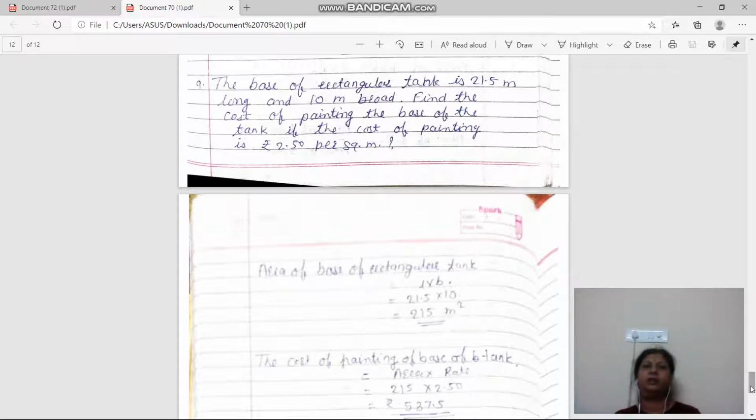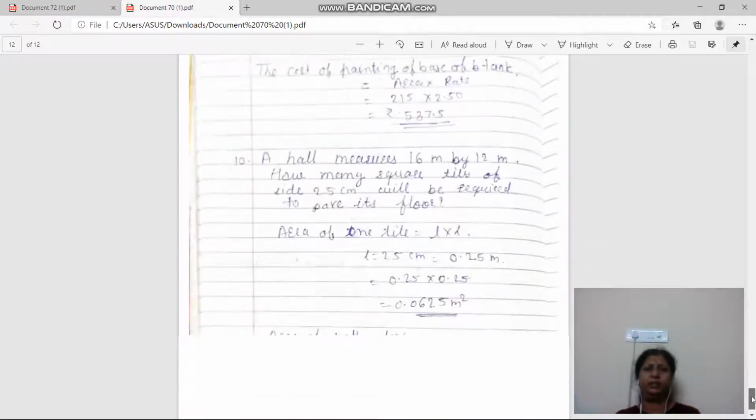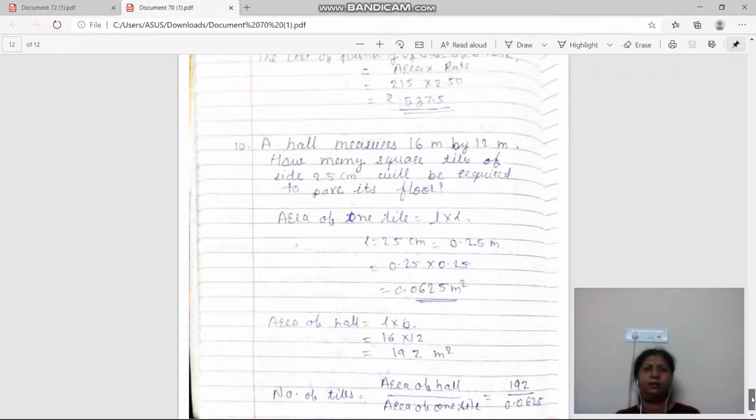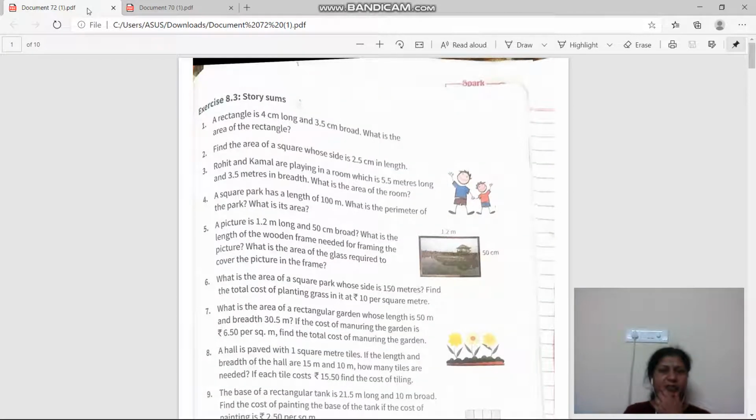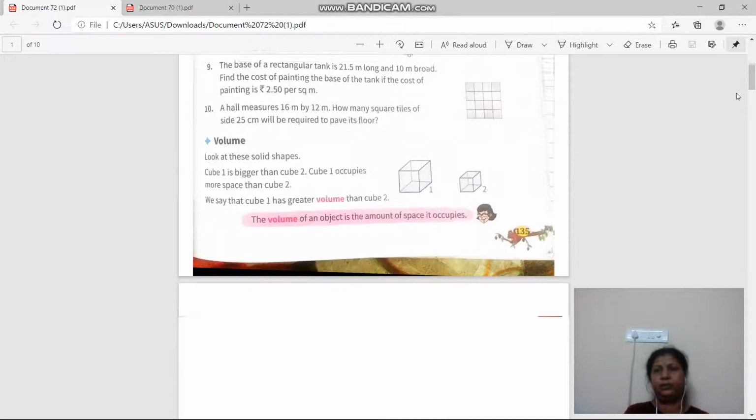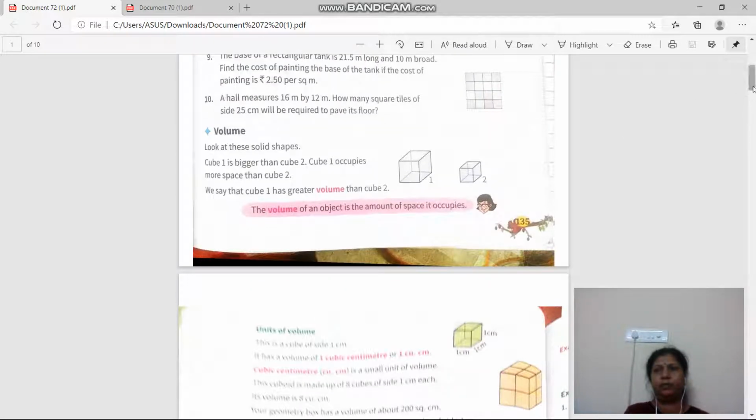Now let's see the 9th question. It is nearly equal to the 8th one, so I will not explain it. Same here, the 10th is also equal to the 8th one. So I will start the new one, that is volume.